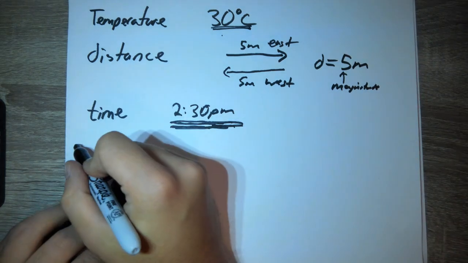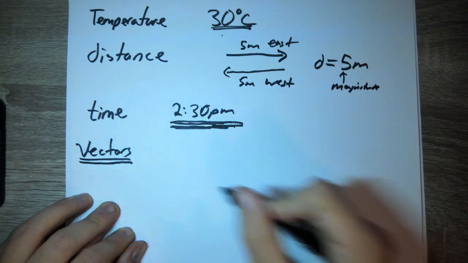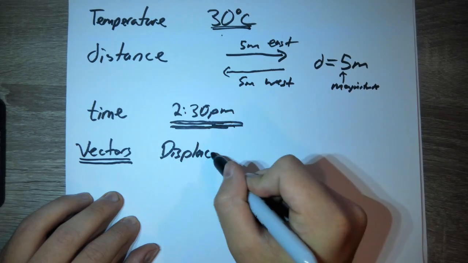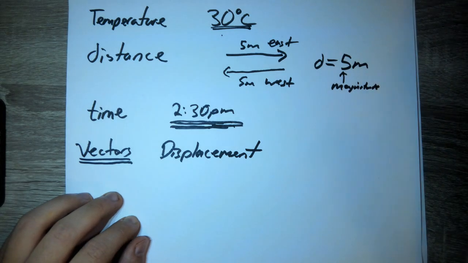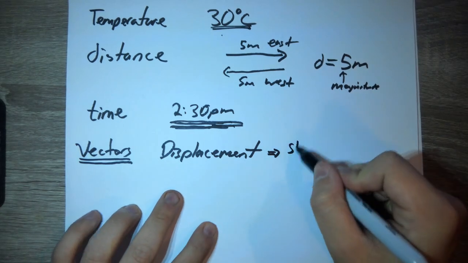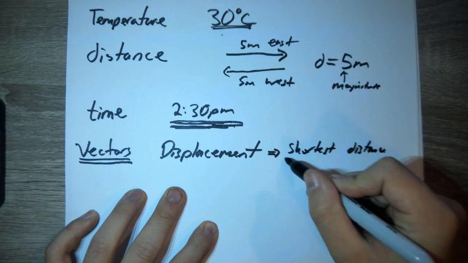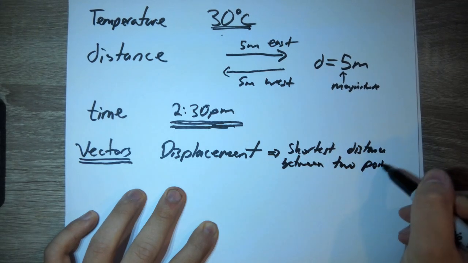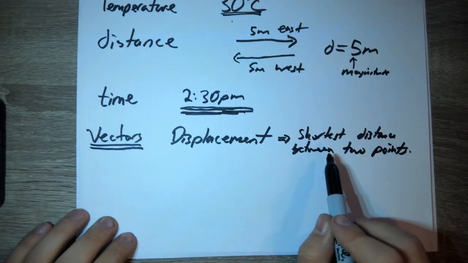Okay, how about vectors? What are some examples of vectors? Now, one is displacement, which is very similar to distance. And I'll show you the difference here, but displacement is the shortest distance between 2 points. So it is a distance, but it's the shortest distance.